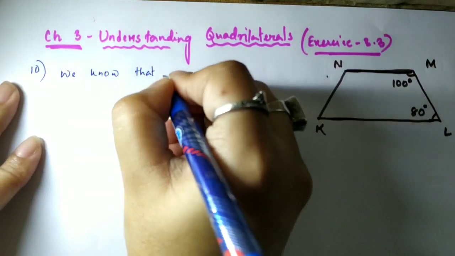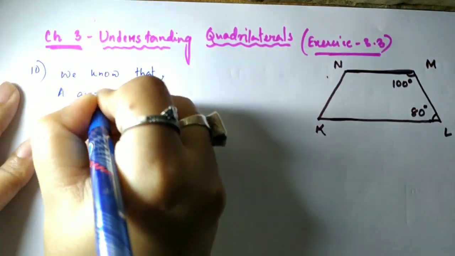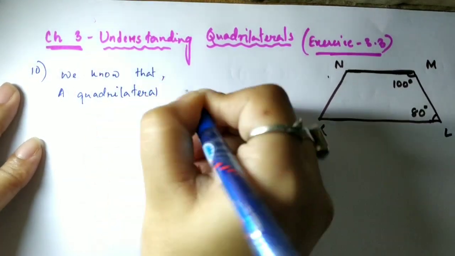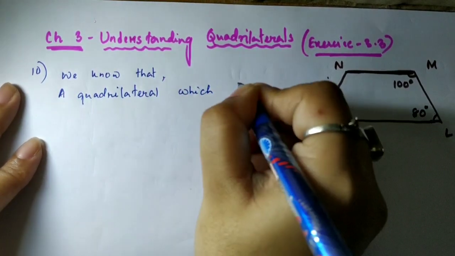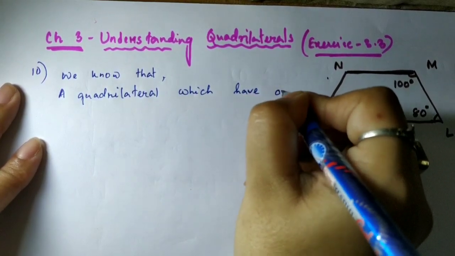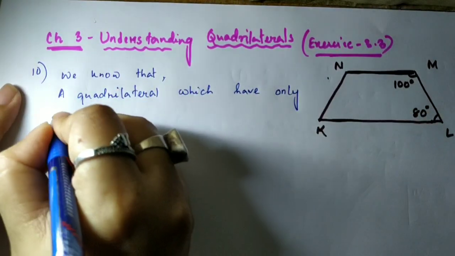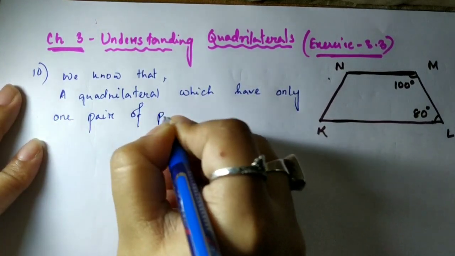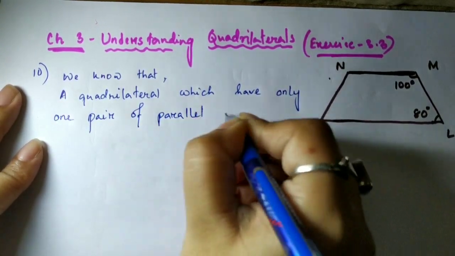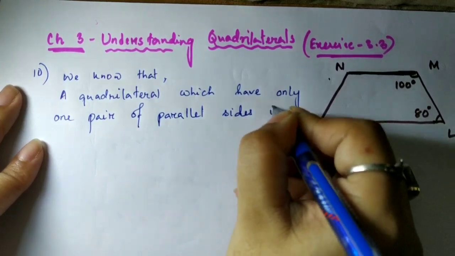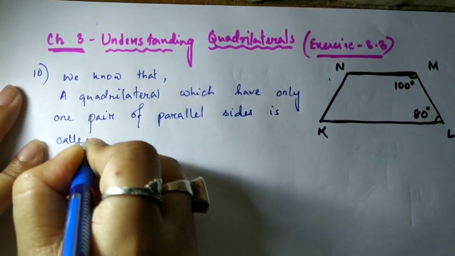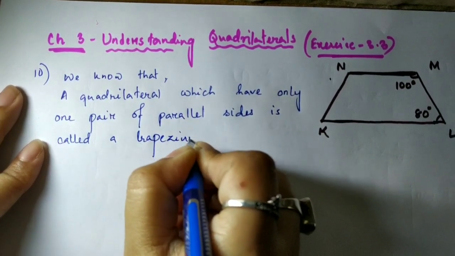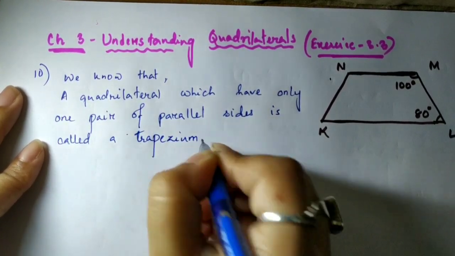We know that a quadrilateral which has only one pair of parallel sides is called a trapezium, right?